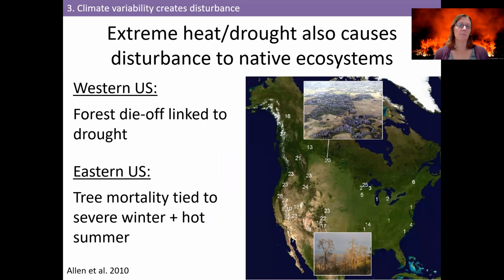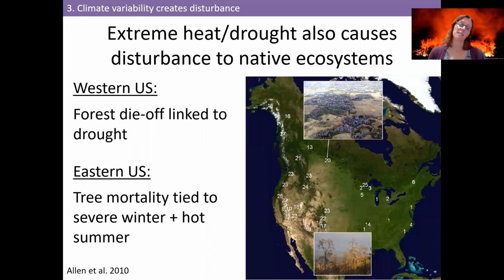So those extreme heat events, extreme drought events have already been linked to disturbance to native ecosystems. In the Western US, there have been a lot of documented cases of forest die-off. The picture on top is forest die-off associated with drought and heat events.